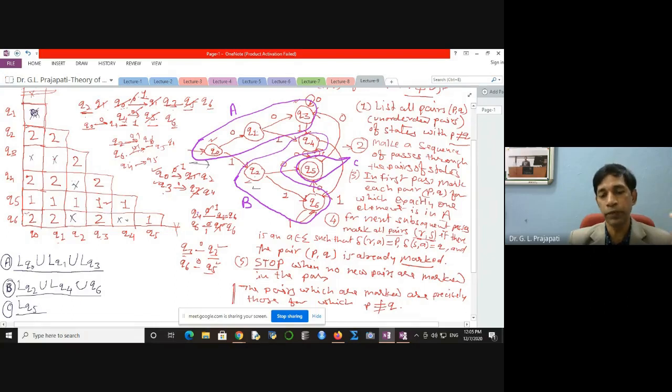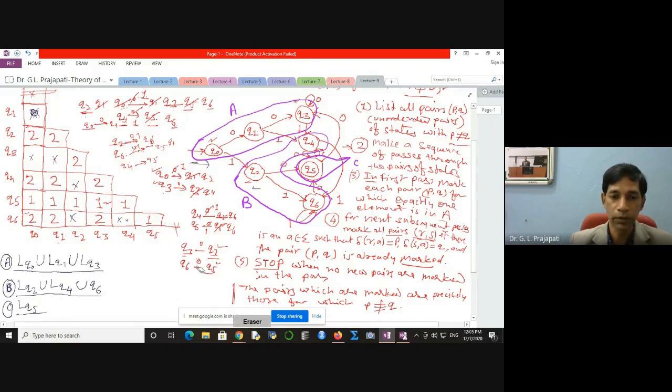So using the table filling algorithm, you have identified three equivalence classes, and you come to know that Q0, Q1, Q3 states need to merge, Q2, Q4, Q6 need to merge to form one state, and Q5 will remain alone. So you have three different states here.